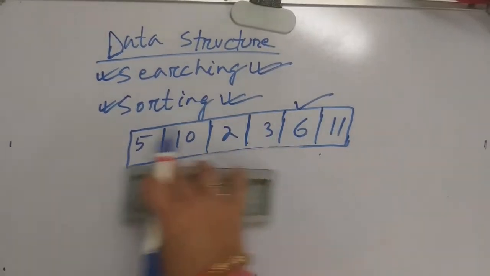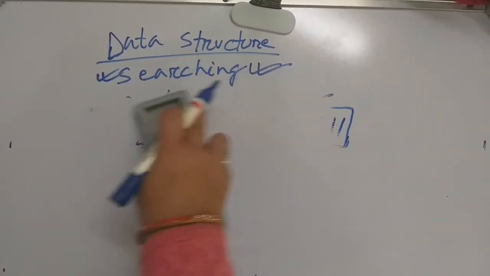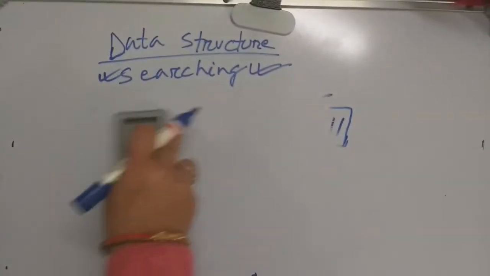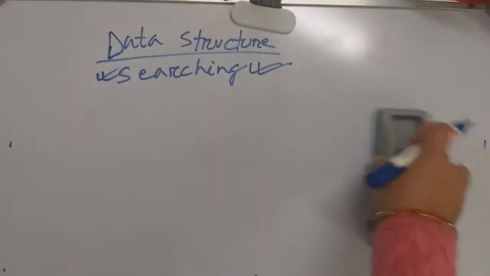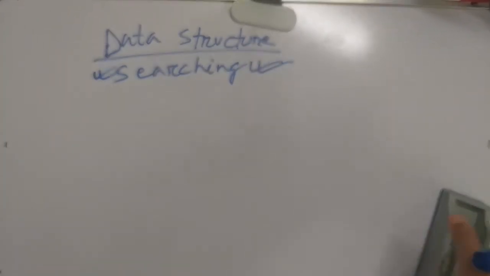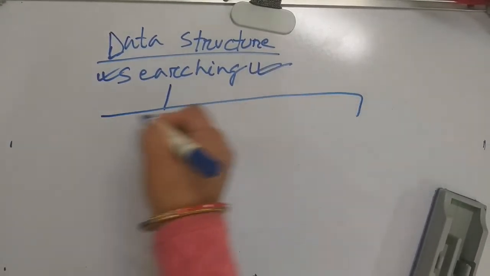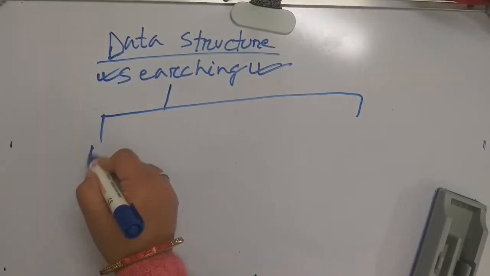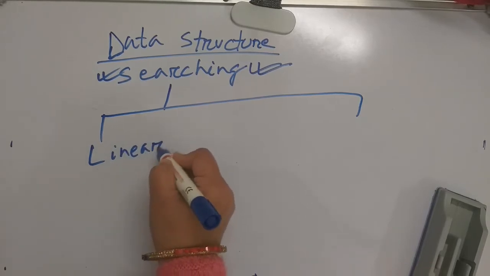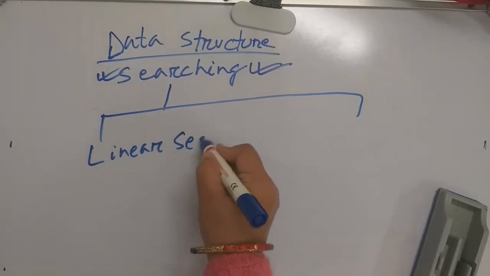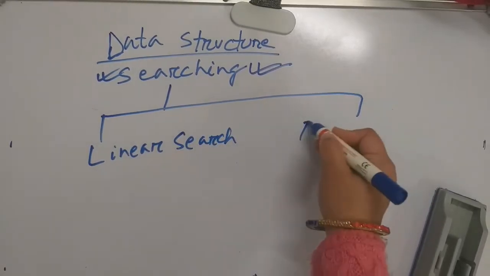First we discussed what we mean by searching and what different techniques are used in searching. Searching is divided into two types: one is linear search and another is binary search.